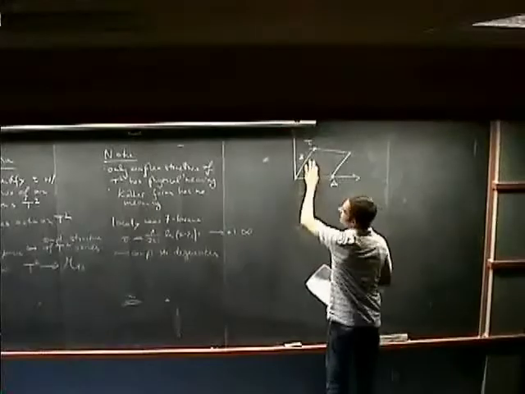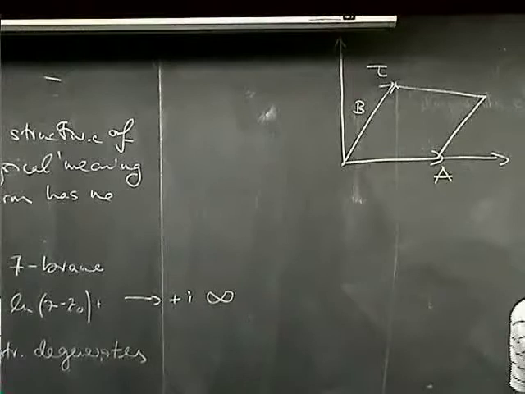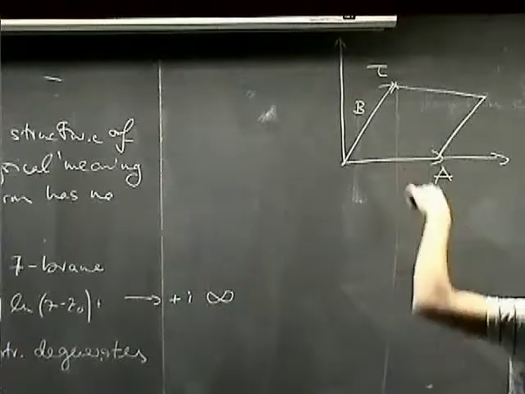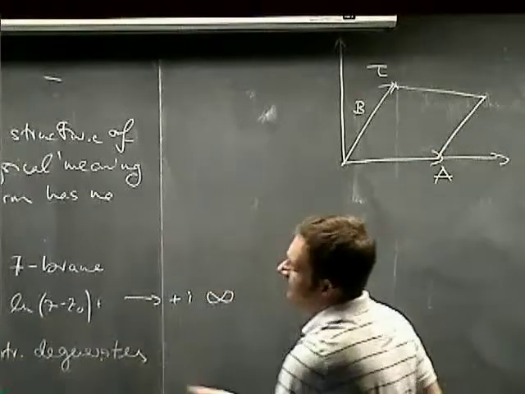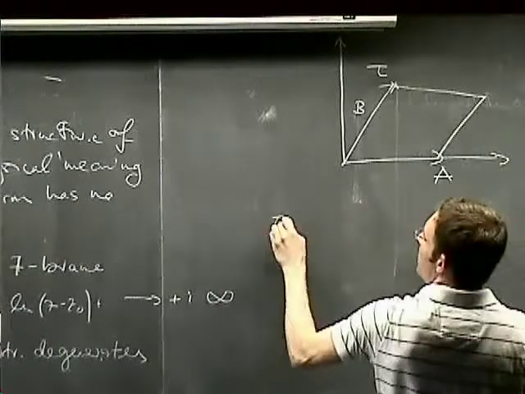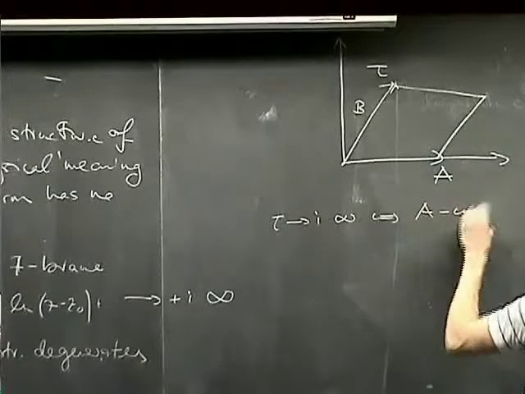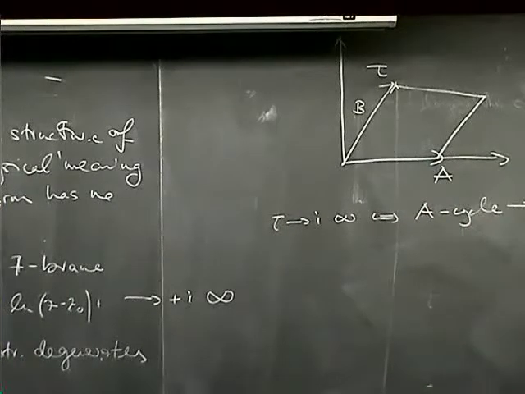And at the position of the 7 brane, say the A cycle shrinks to 0, the torus degenerates in such a way that the complex structure goes to infinity. So tau goes to i infinity, so to speak, as the A cycle goes to 0.